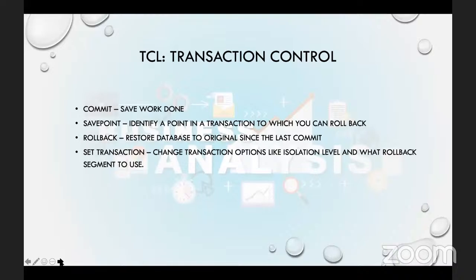And then all of a sudden, we're beginning to see some signs of problems that we are likely to encounter. So what do we do? We identify a point in a transaction to which we can roll back.